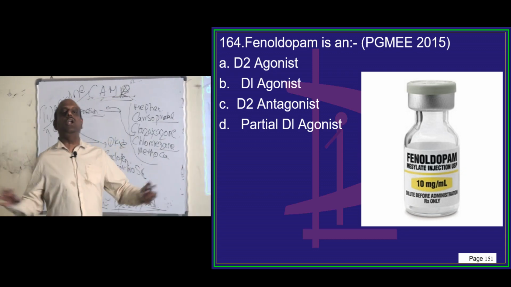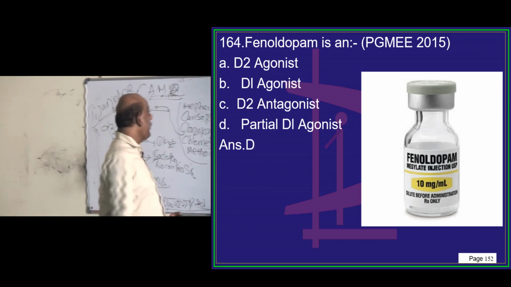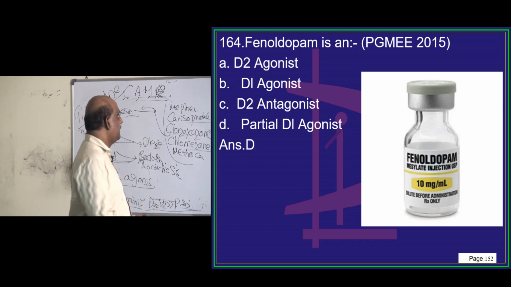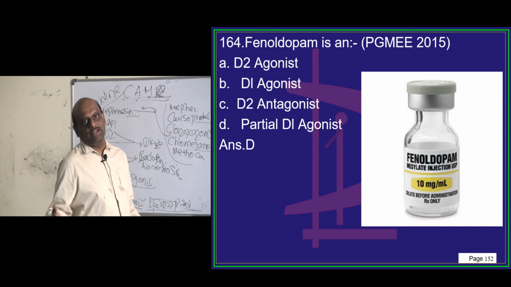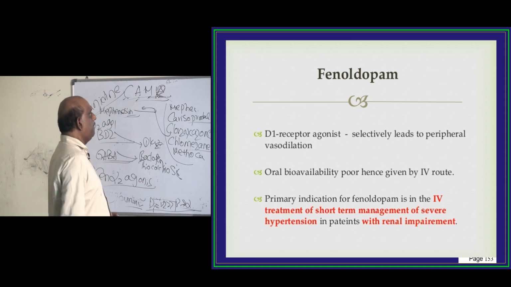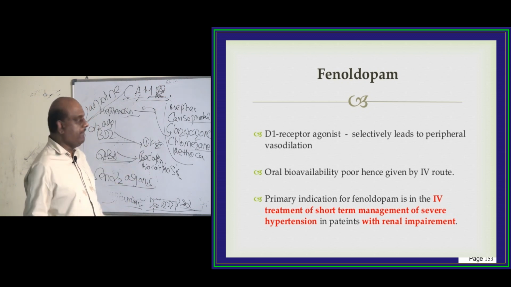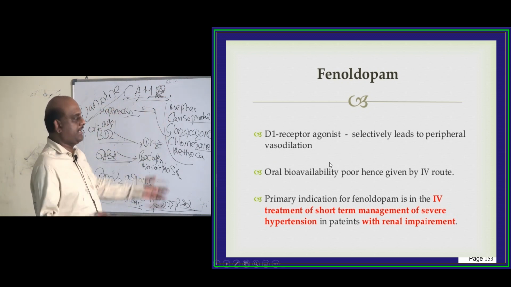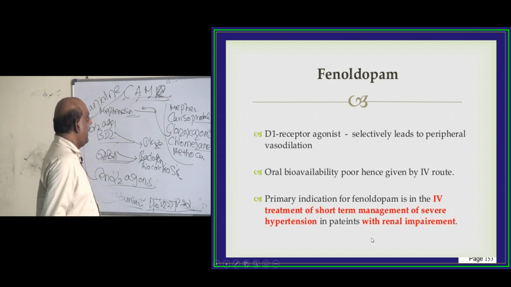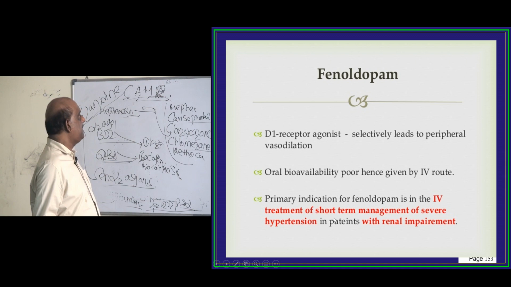Where do you use fenoldopam? Fenoldopam is a partial D1 agonist. This is the typical fenoldopam, like dopamine. Fenoldopam selectively leads to peripheral vasodilation, being a D1 receptor agonist, and it is given intravenously.